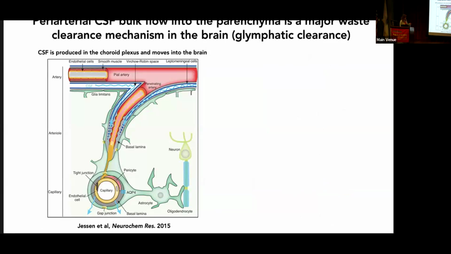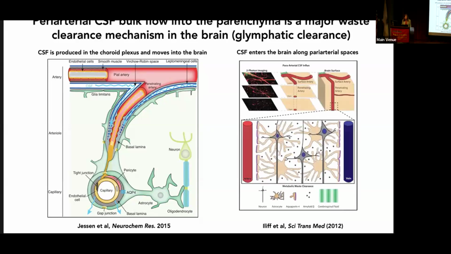So we know that CSF, which is produced by the choroid plexus, can move into the brain, and CSF travels in the perivascular space along the descending arteries, sorry, into the capillary bed, where the CSF exchanges with interstitial fluid in an aquaporin-4 dependent manner. And this process leads to brain waste clearance.